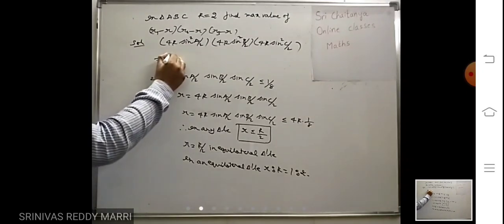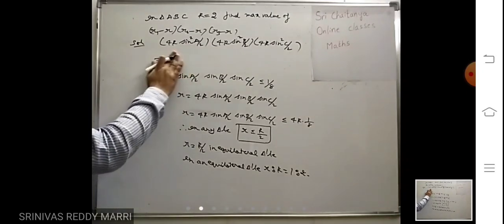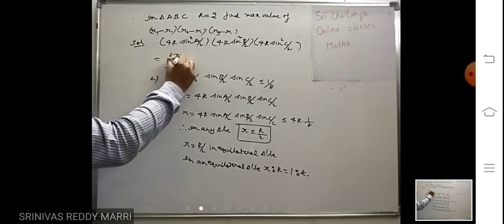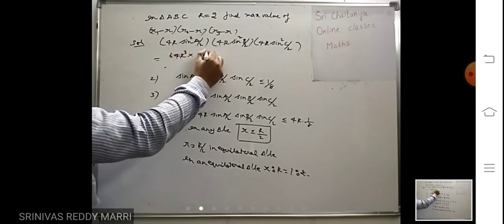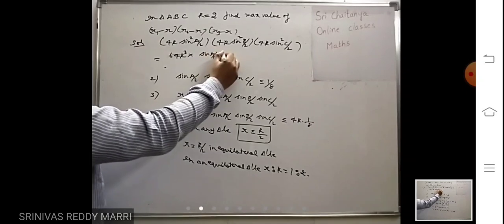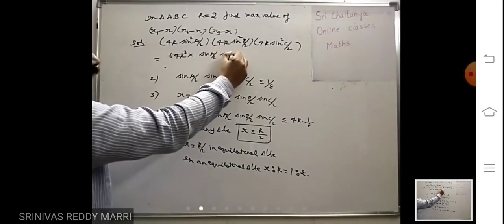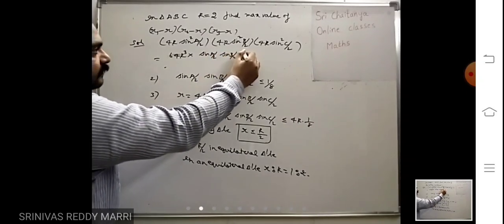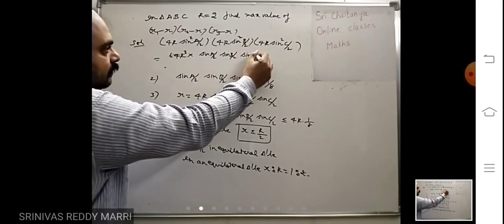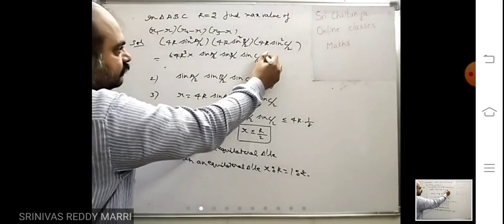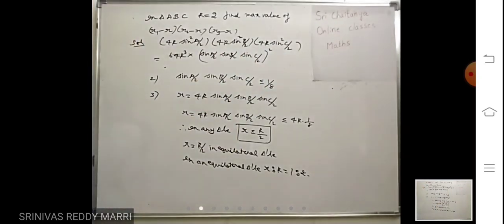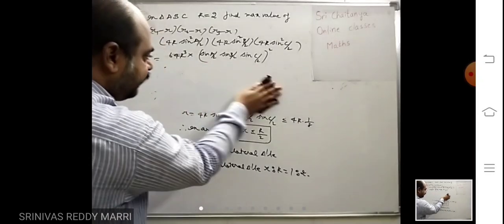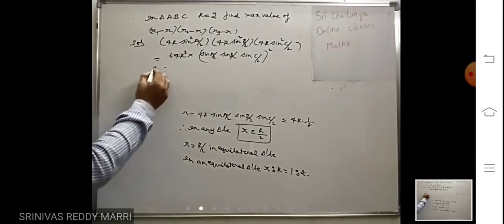So this is nothing but 64R cube into (sin A by 2 sin B by 2 sin C by 2) whole square. Now you have arrived at the term sin A by 2 into sin B by 2 into sin C by 2.